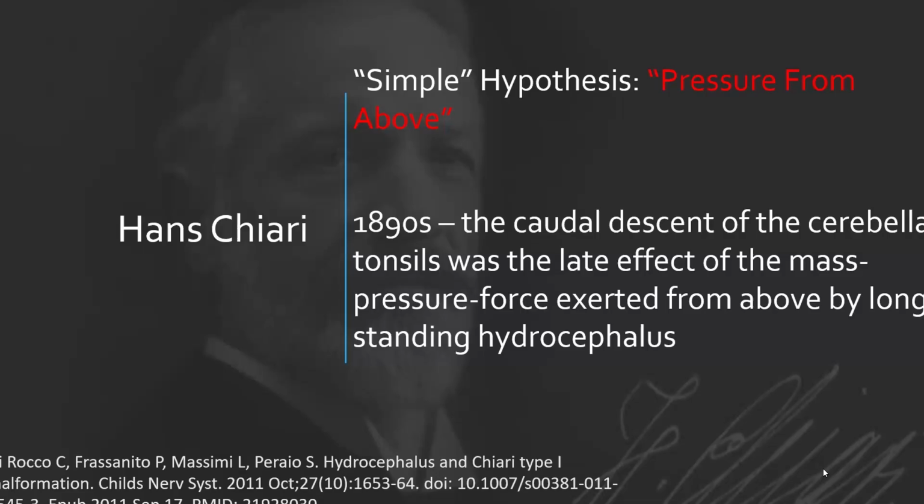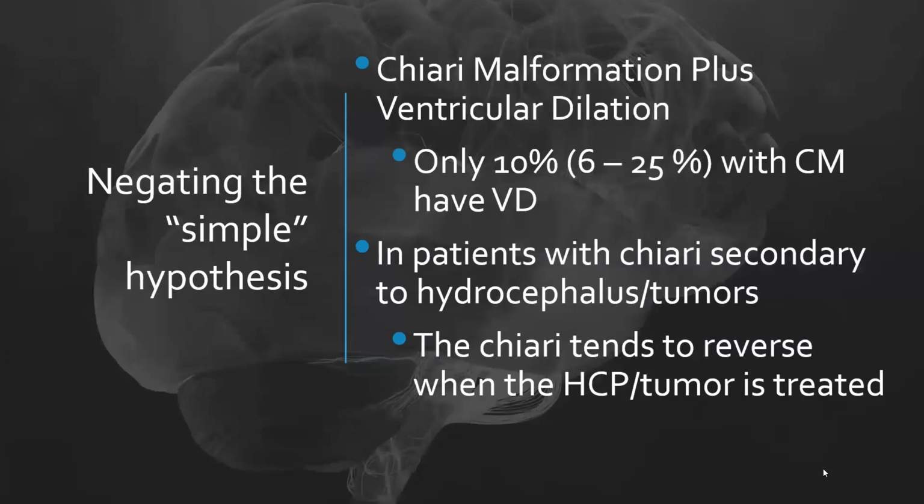So the simple hypothesis, which we all know doesn't fully or even explain the majority of Chiari malformations, is essentially pressure from above. However, there are a lot of other things with Chiari that we now know that negate this simple hypothesis.